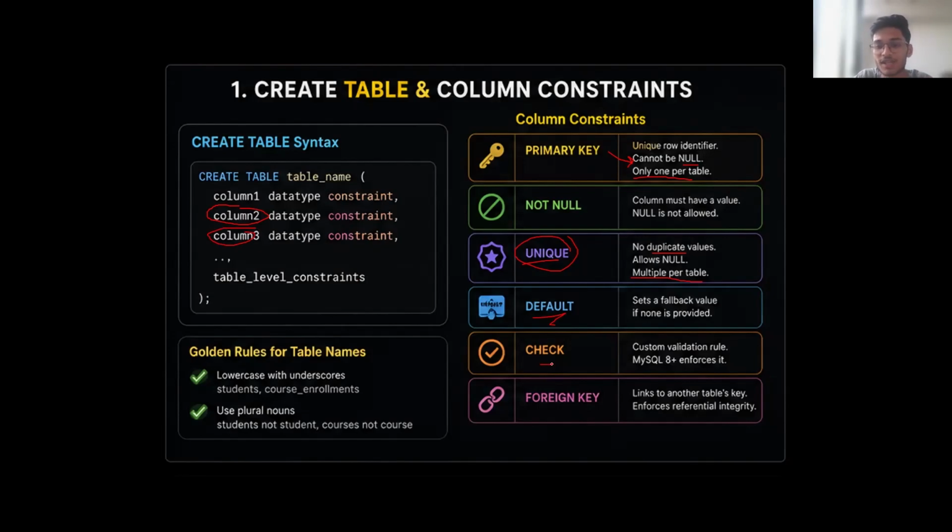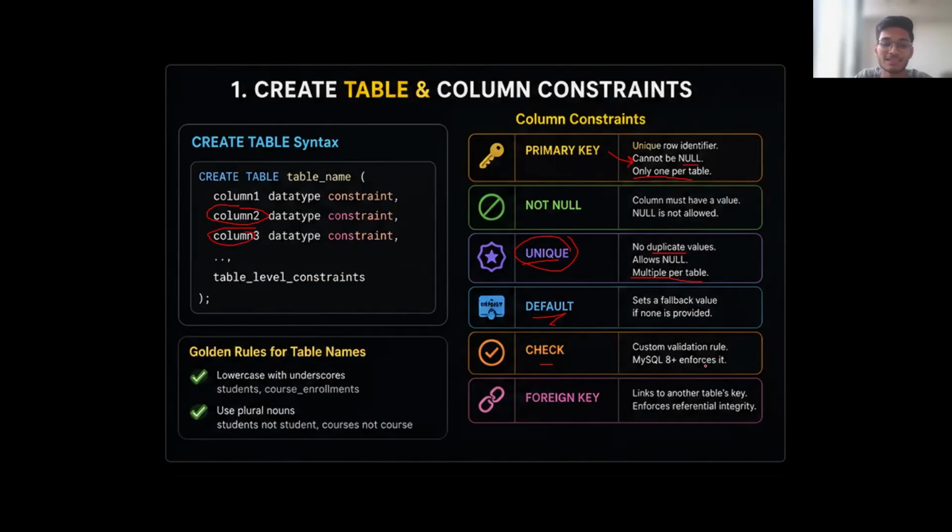Then check constraint, a custom validation rule. What the check constraint does is, for example, if my database is about people who are eligible to vote, then while inserting the data, it will check whether the age inserted is greater than or equal to 18.